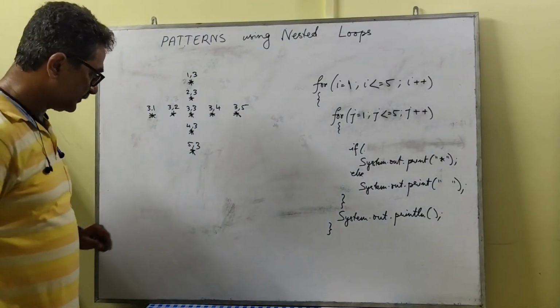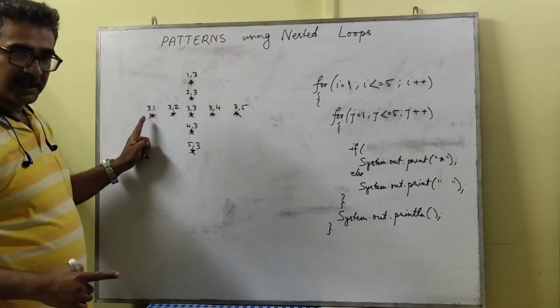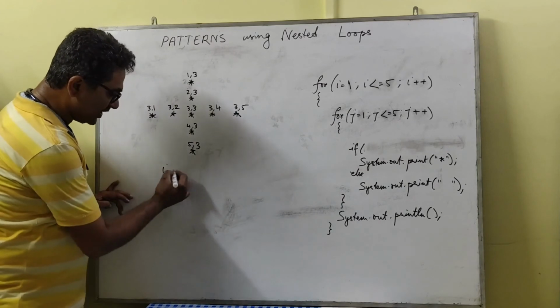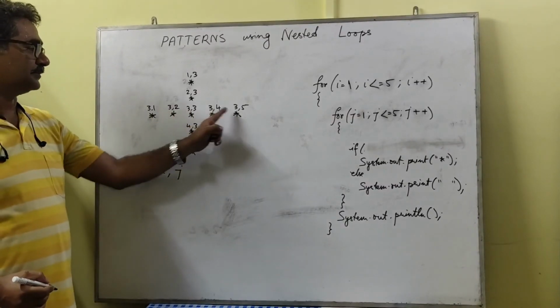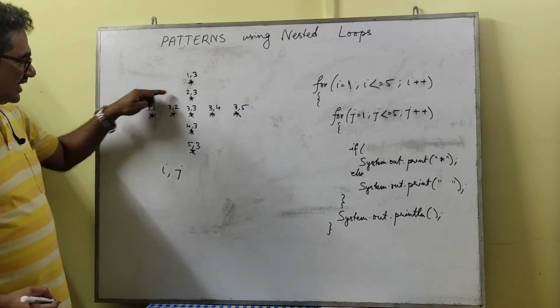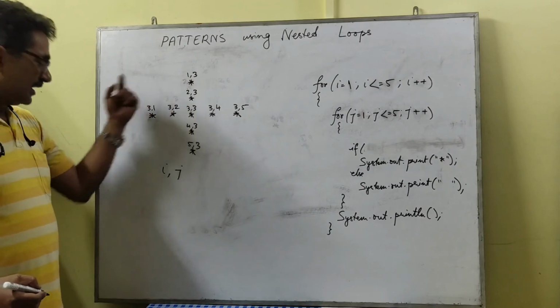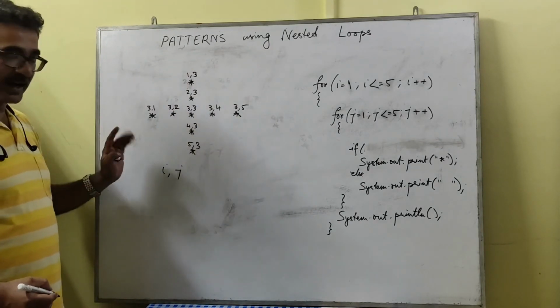Now coming to the condition. If you look at this particular line, look at the value of I. Remember I comma j, each of these coordinates. Look at the value of I. It's always 3. Had this been the row above, the value of I would have been 2, and here it would have been 1.